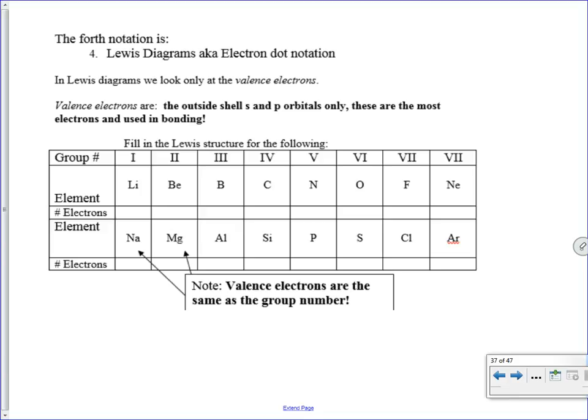So, the big thing, there's 2 steps. You write the symbol in the middle, then you draw the number of electrons around the outside, and you want to balance electrons. Electrons are all negatively charged. So, if you put an electron on one side, you want to put an electron on the exact opposite side.